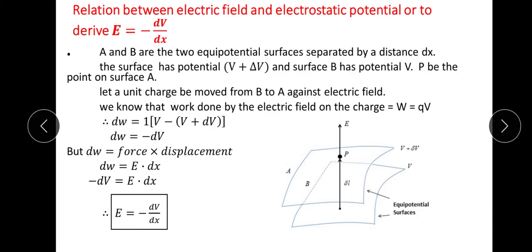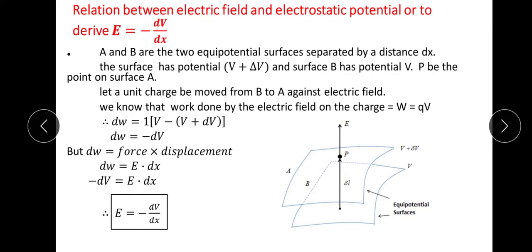A is one equipotential surface, and below that we have one more equipotential surface, that is B. The value of potential at the surface A is V plus delta V, and the value of potential at the lower surface will be V. Now the electric field is directed from B to A, so we have to move a charge from A to B against this electric field.